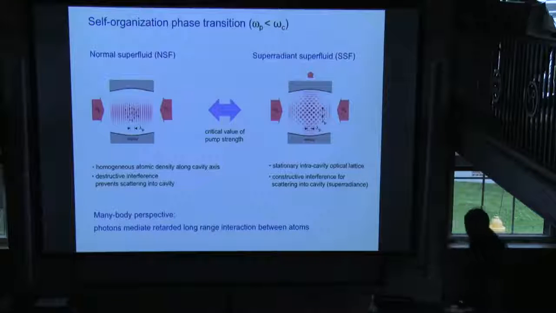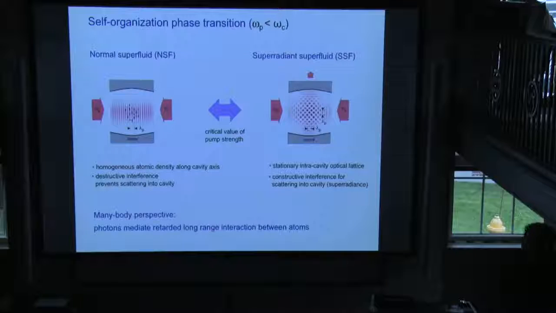So just, very briefly, since you've seen all that, this is how the self-organization transition basically occurs. You start with the situation where the intensity of these incoupled beams is low. In that case, you just have a standing wave along this axis. The position of the atoms along the vertical axis is arbitrary.